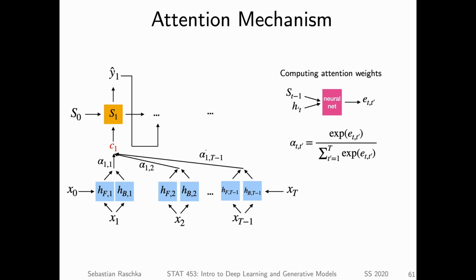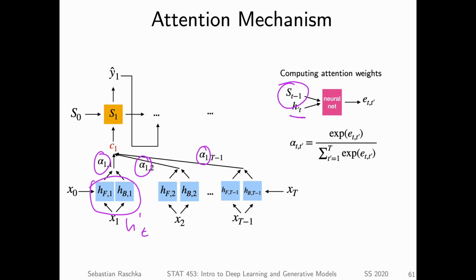Now, how are these attention weights computed? In the paper that proposed this mechanism, they used a neural network to compute the attention weights. To compute an attention weight, they used the previous hidden state, time step t minus 1, and the current ht time step.